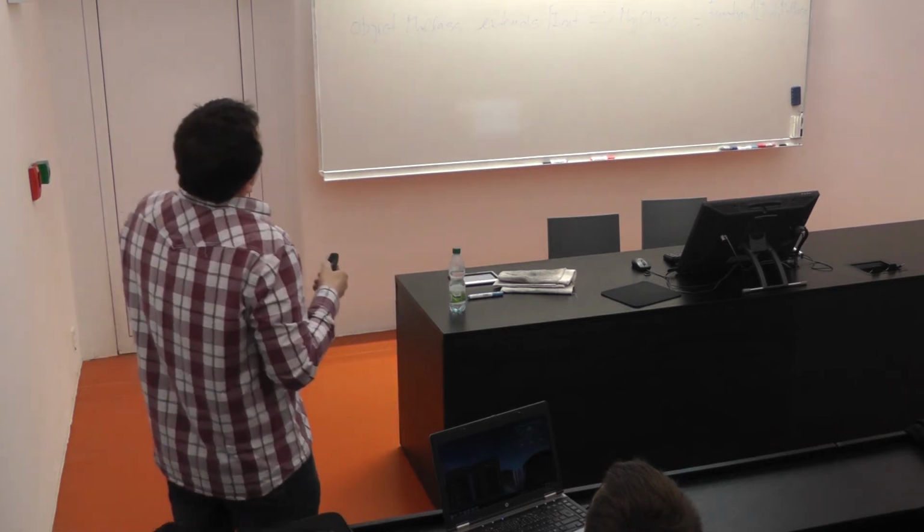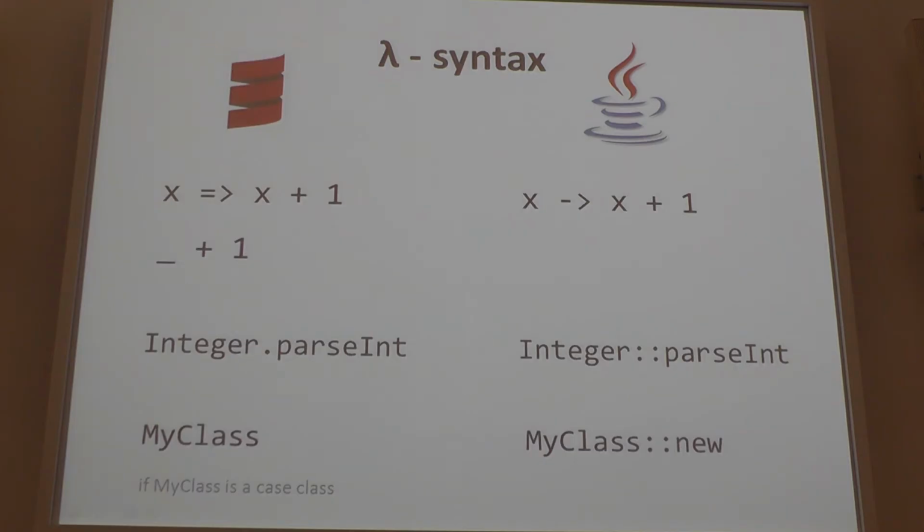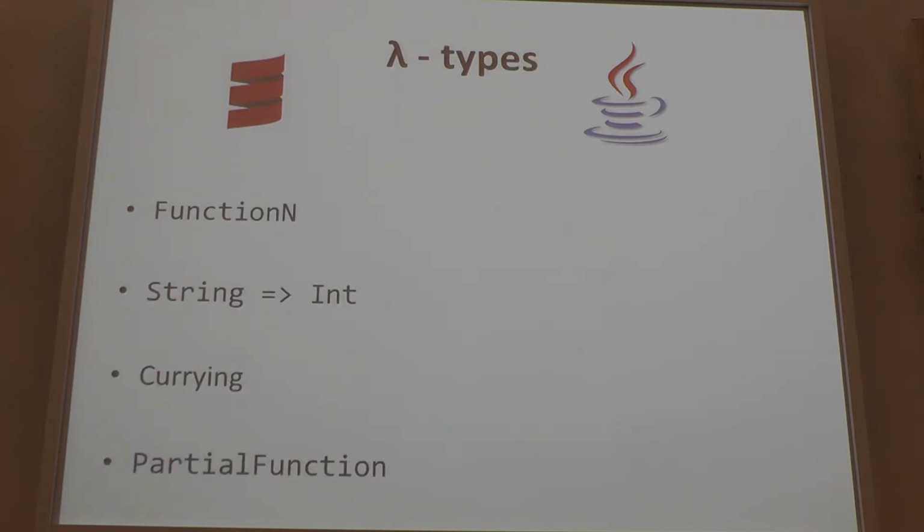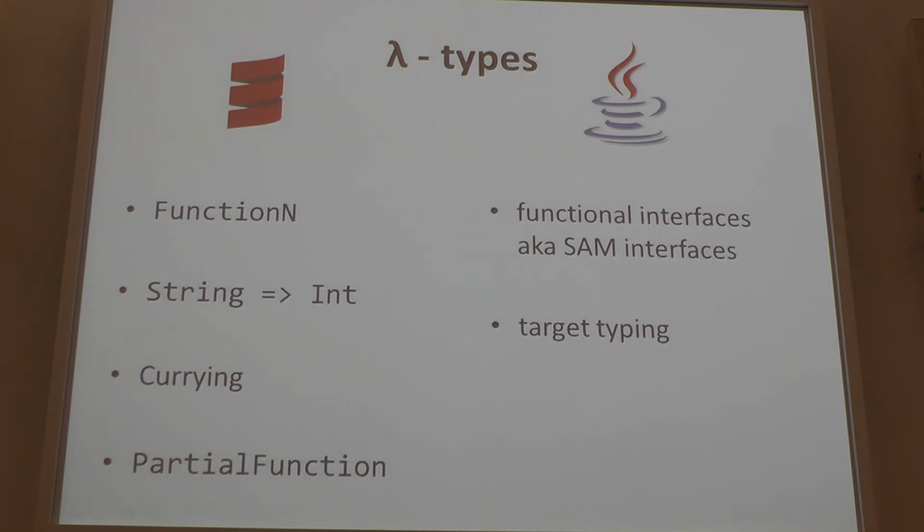And as we've seen here, we don't say what the type of x is; the actual type is inferred by the compiler.